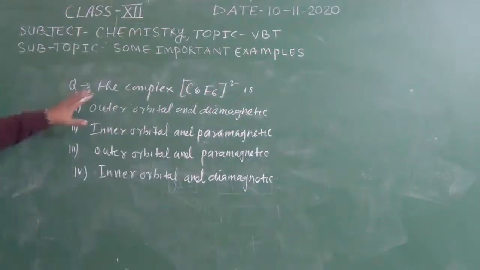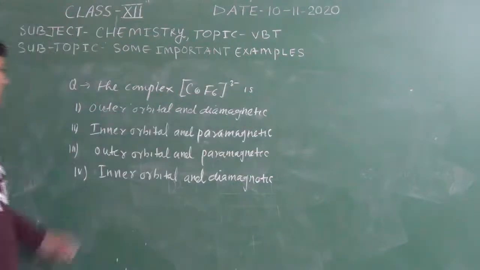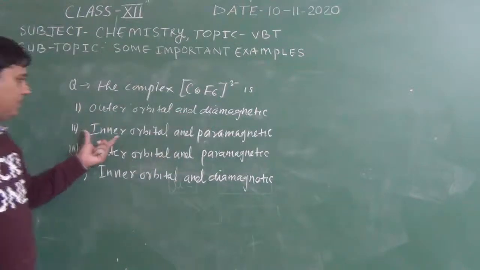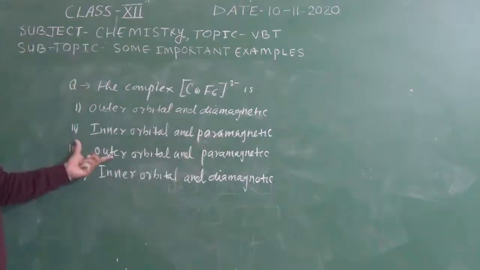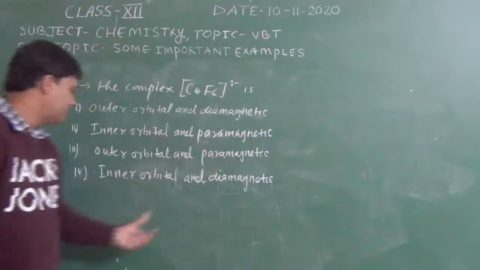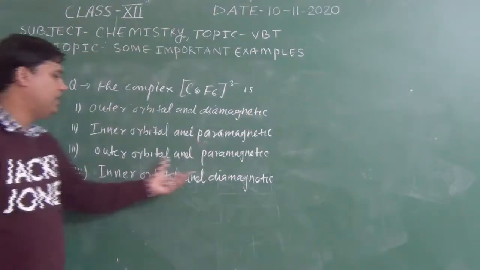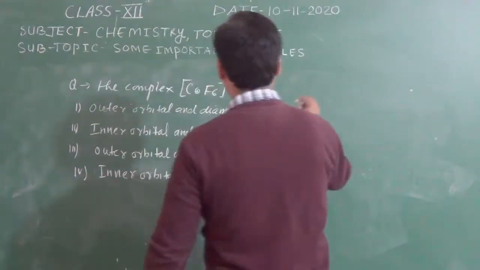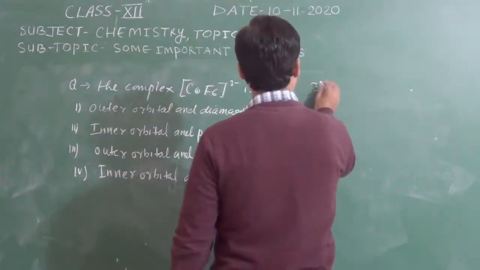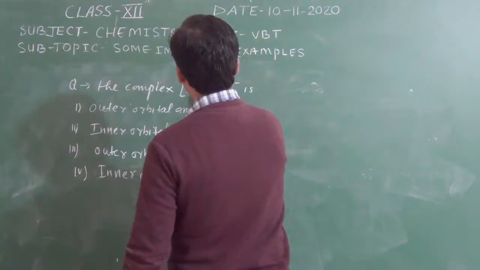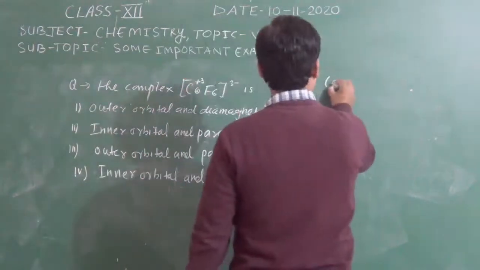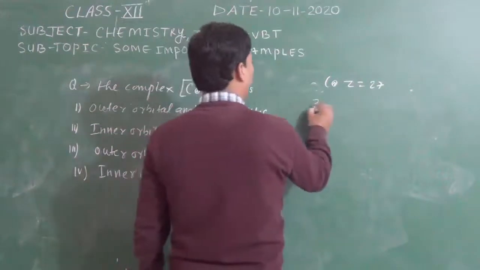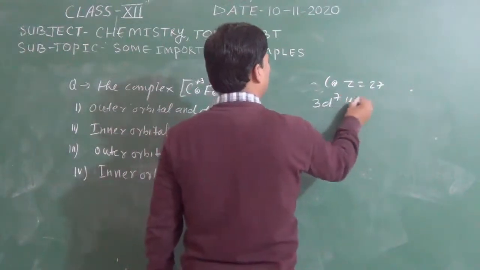Okay, so there are four options. The complex CoF6 3- is an outer orbital complex and diamagnetic, inner orbital and paramagnetic, outer orbital and paramagnetic, or inner orbital and diamagnetic. First of all, you are required to calculate the oxidation state of cobalt, that is +3. The atomic number of cobalt is 27, so the electronic configuration is 3d7 4s2.